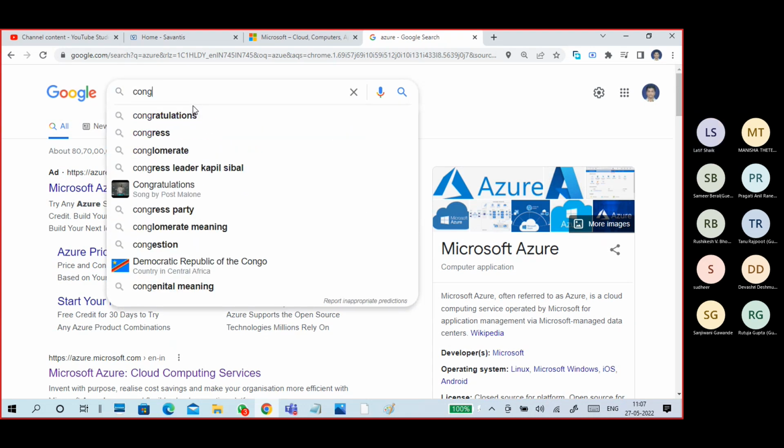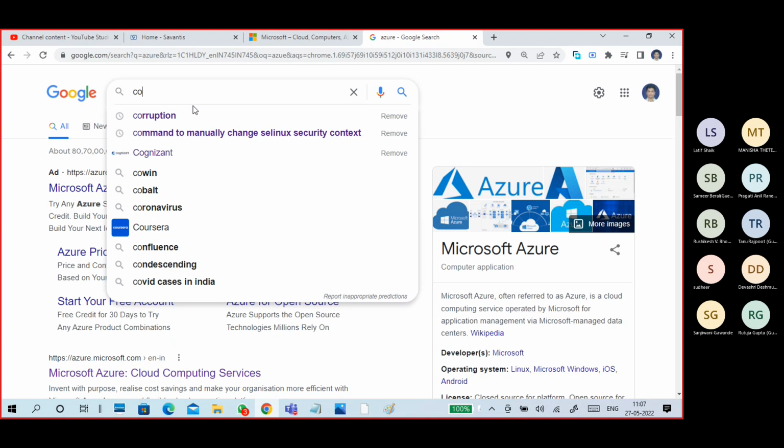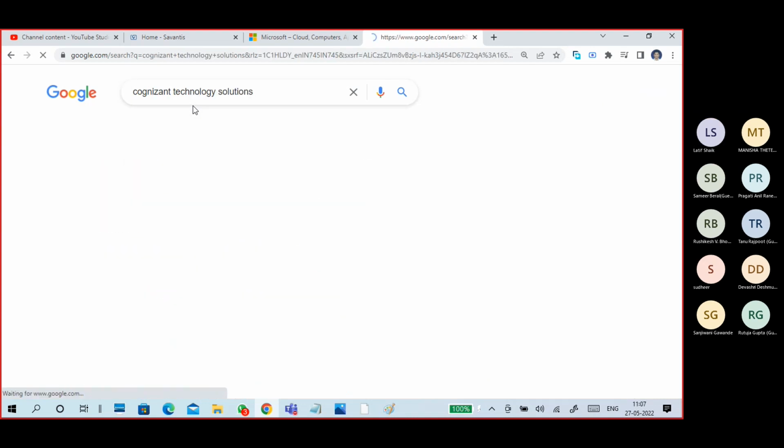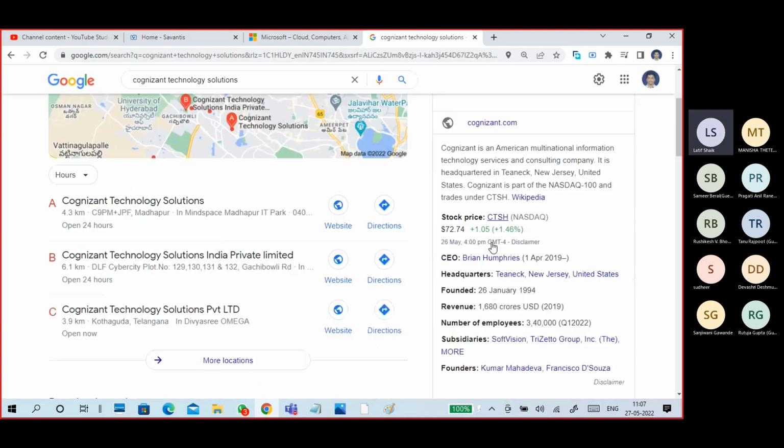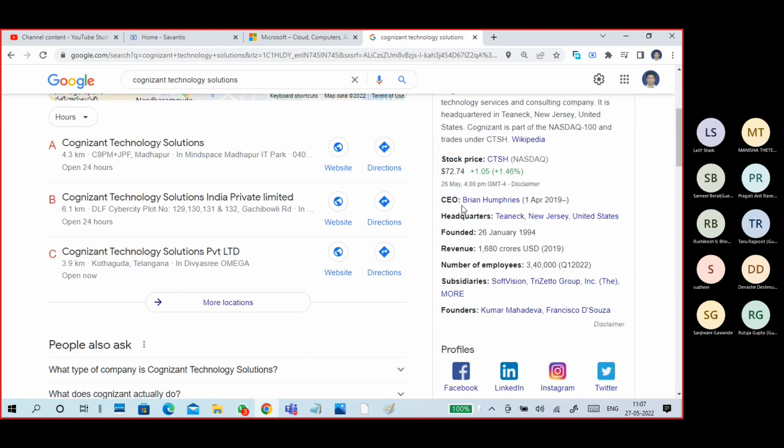Now, who is the CEO? Brian Humphreys. You must know that one. How many employees are there? Where is the headquarters? New Jersey.